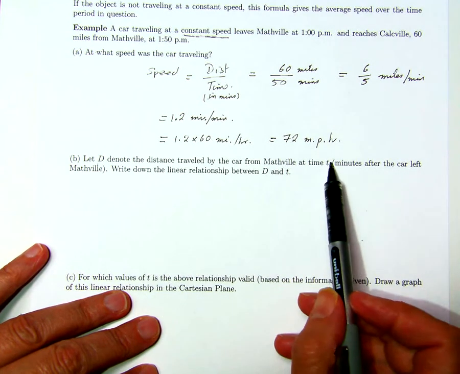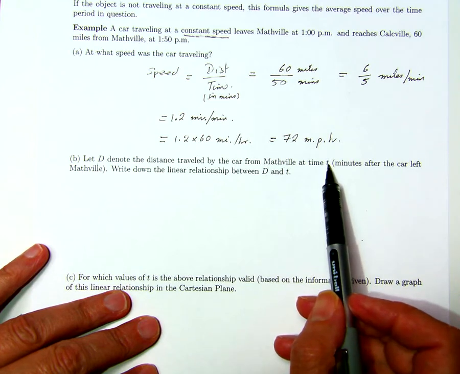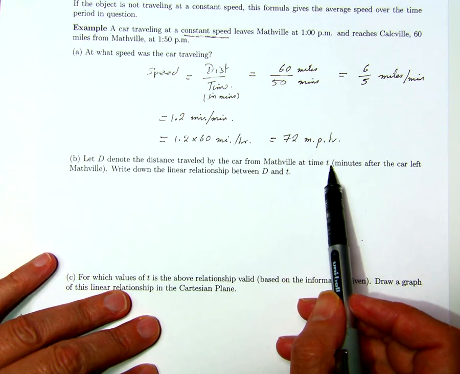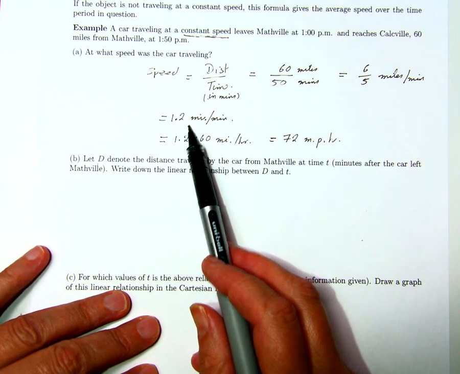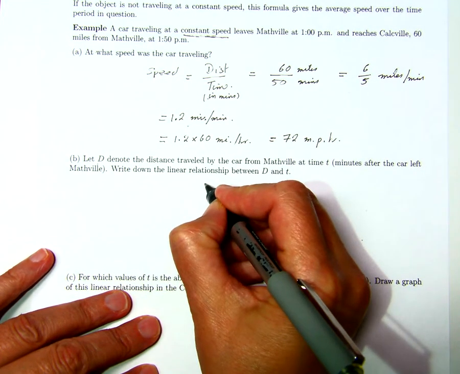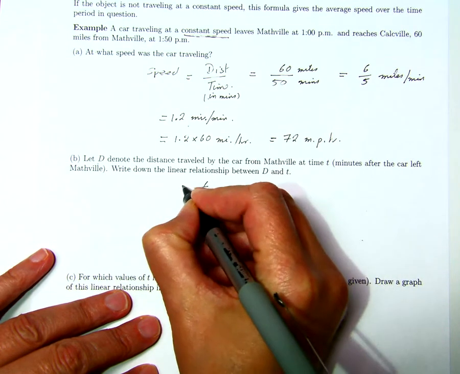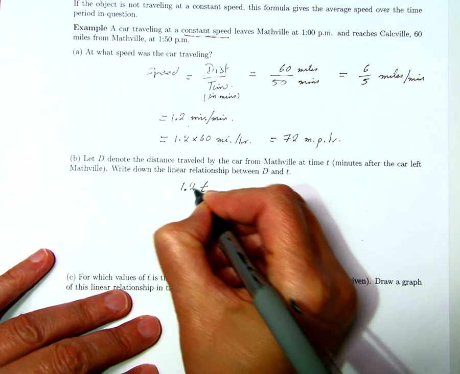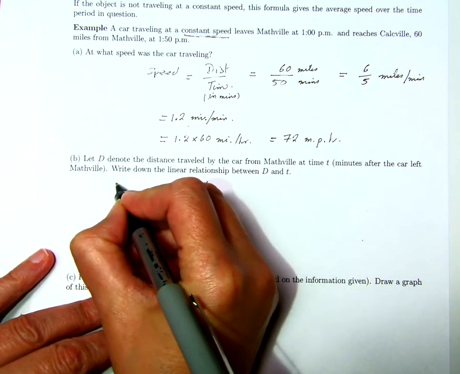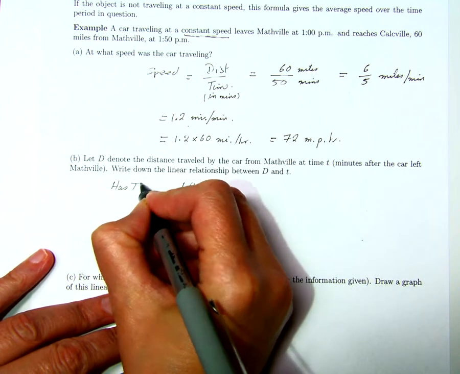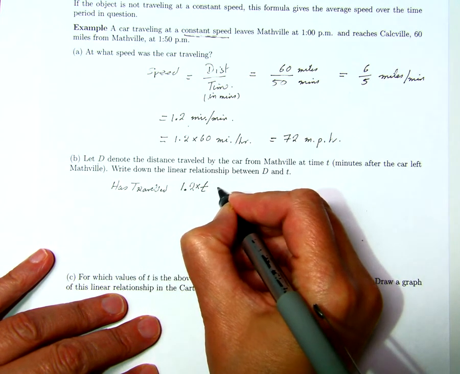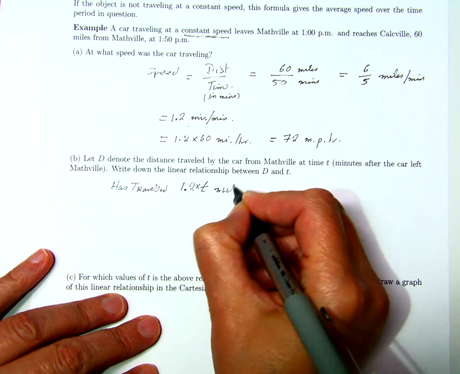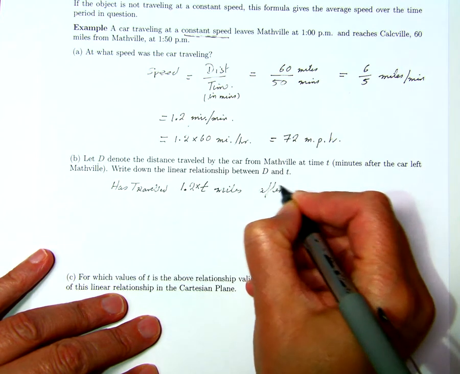Well, when t is 0, the car is just about to leave Mathville, and it has traveled 0 miles. And for every minute, that car travels 1.2 miles. And so after t minutes, the car has traveled 1.2 times t miles.